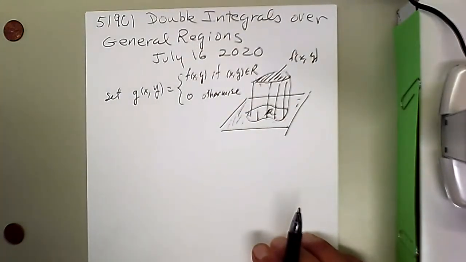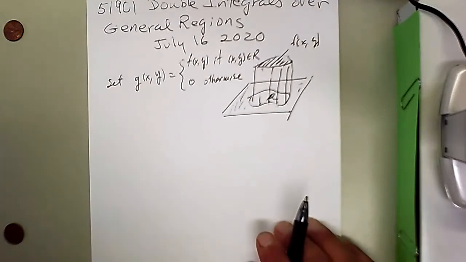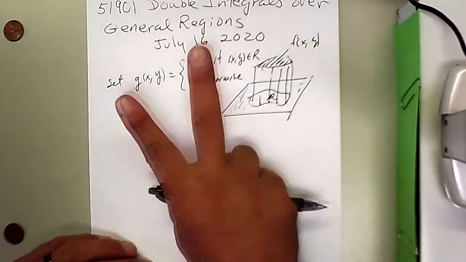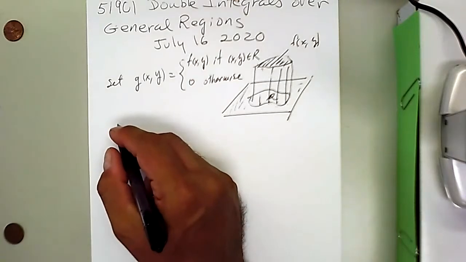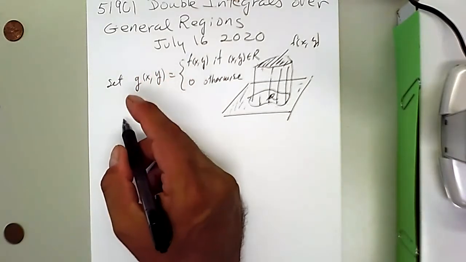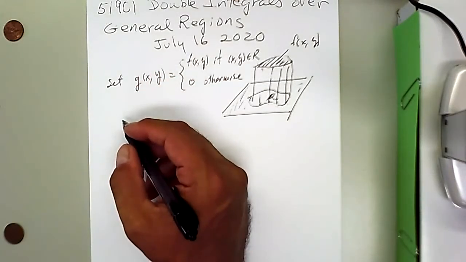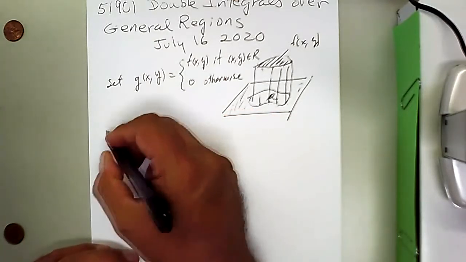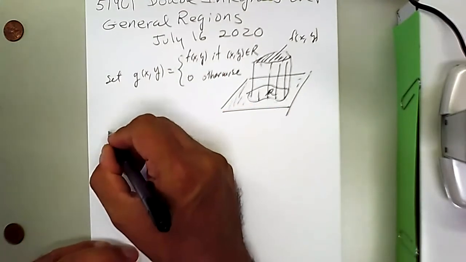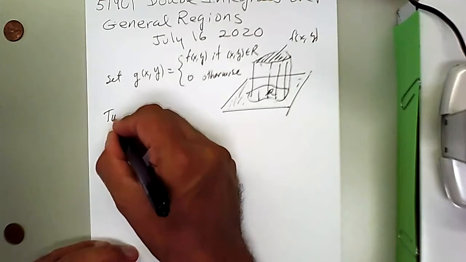How do we actually go about it? We will split regions into two categories. The first category will be a region that is non-rectangular with a y variable boundary. So we're going to have two cases.